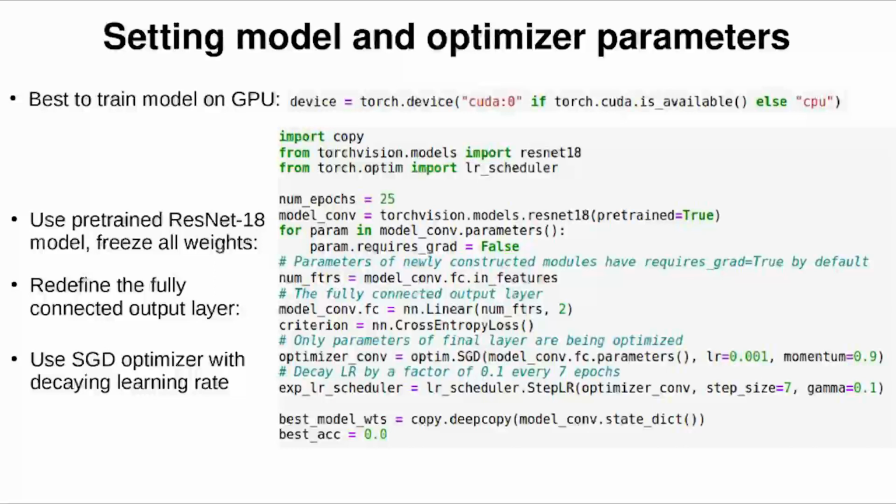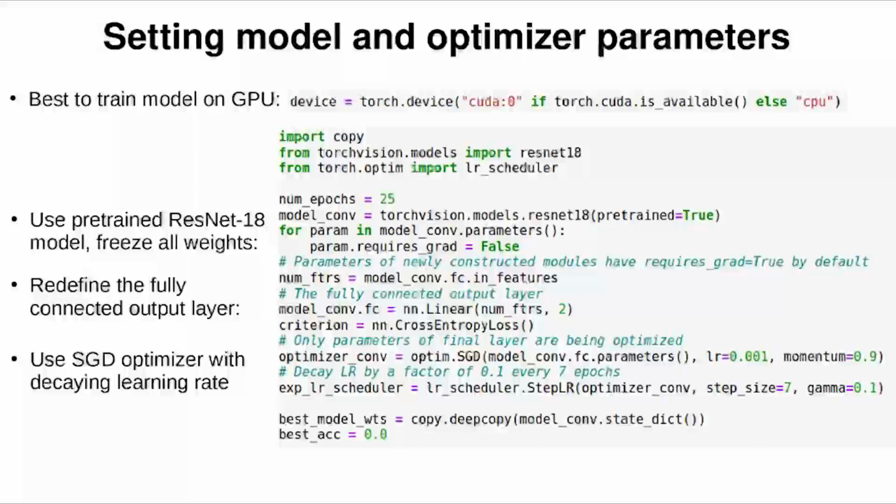We then reinitiate, that is, redefine the final layer of the model, the fully connected layer that is called FC. We defined it as a fully connected layer, nn.Linear, that takes the same number of inputs as it did in the ResNet 18 architecture originally, but has only two outputs, corresponding to the two classes, ants and bees, for which we plan to train the model.